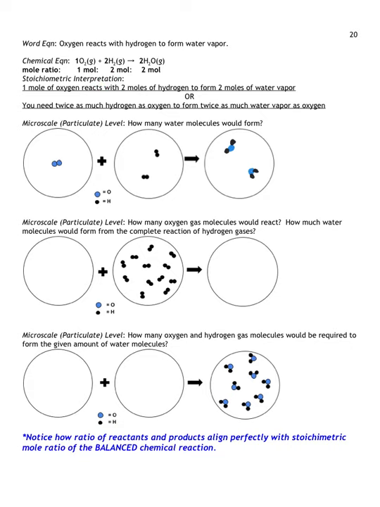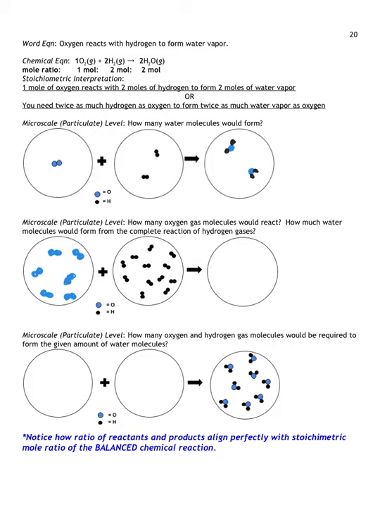And so what I would draw to represent that microscale illustration is 6 oxygen molecules, and they're diatomic. So there's your 6 oxygen molecules.